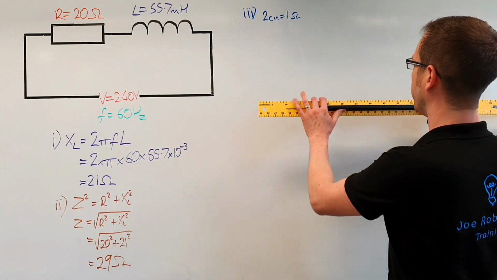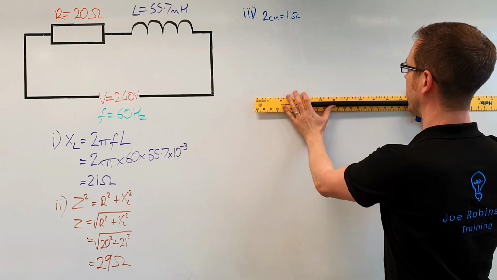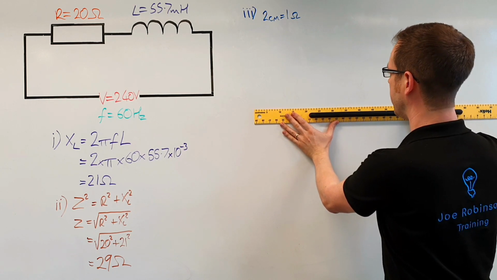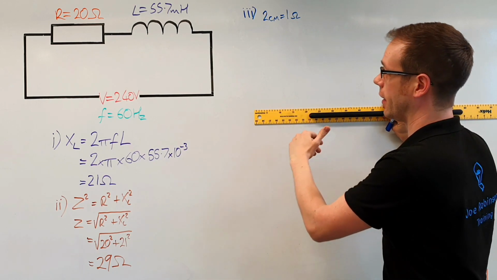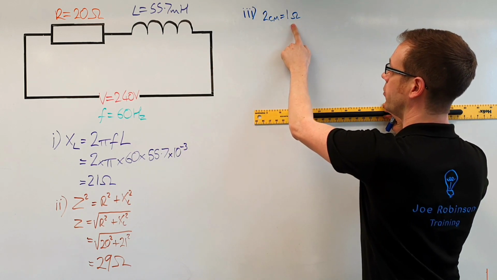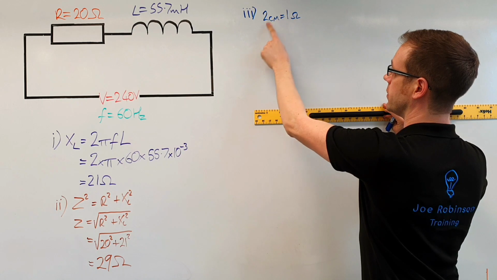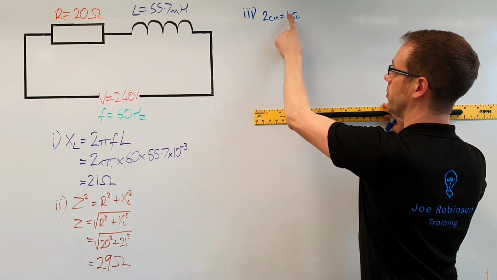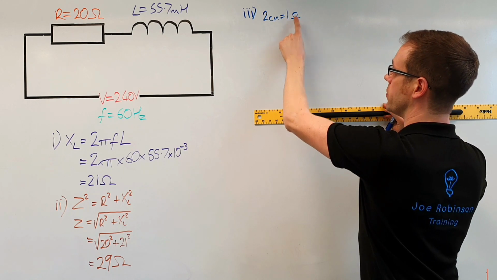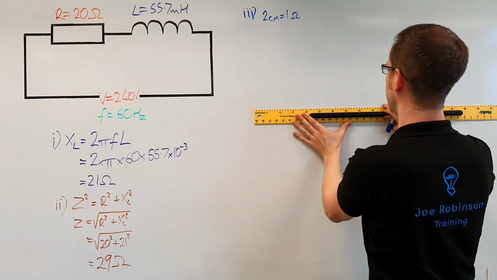So I'm going to draw, first of all, my line to represent the resistance, and I'm going to draw that down here. Now this line will be however long the resistance is. So I've got 20 ohms on my scale, and I look at this and go, how do I get from that side to that side? Well, I need to times that number by 2 to get to there. So I've got 20 ohms, times that by 2 gives me 40 centimetres.